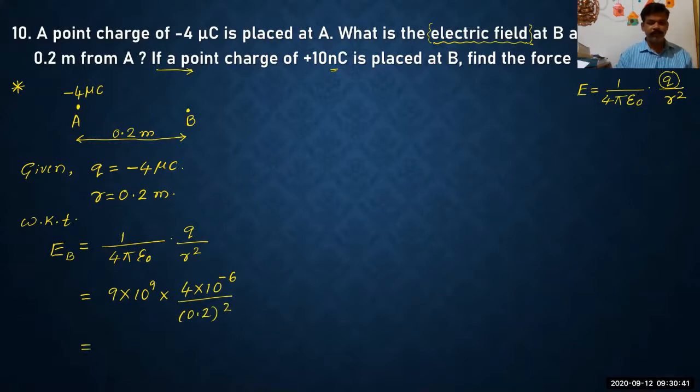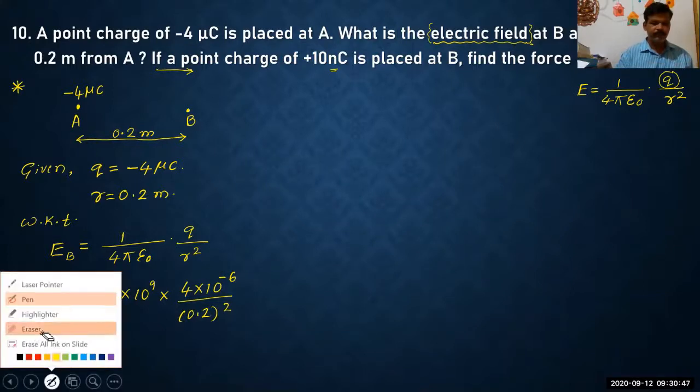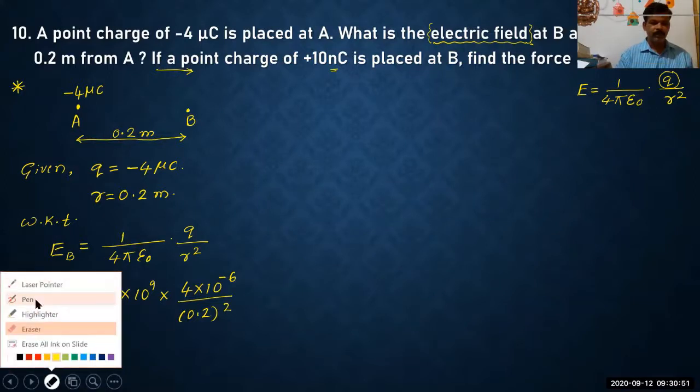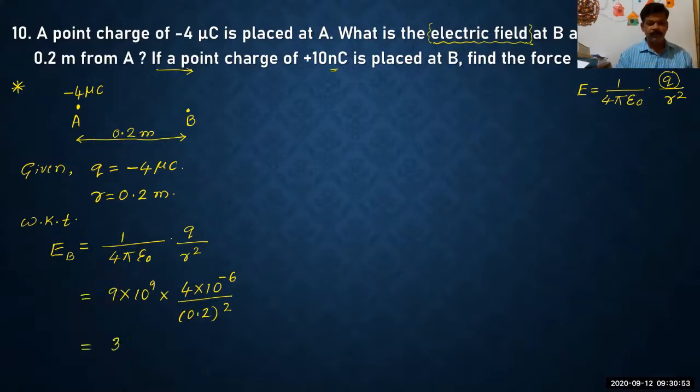So therefore, 9 fours are 36 into 10 raised to 9 minus 6, whole divided by, see, 0.2 whole square is nothing but 0.04. Yes, it is 0.04.